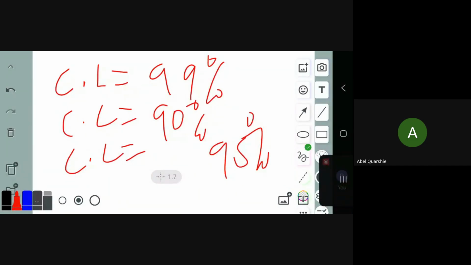These are the ones that we mostly work with. So if you have a confidence level of 99%, it means that I am going to make an error. And the error is what we represent by what? Alpha. So if it is 99%, then it means I'm making 1% error. 1% error is the same as what? 0.01. So that is why you are seeing alpha 0.01.